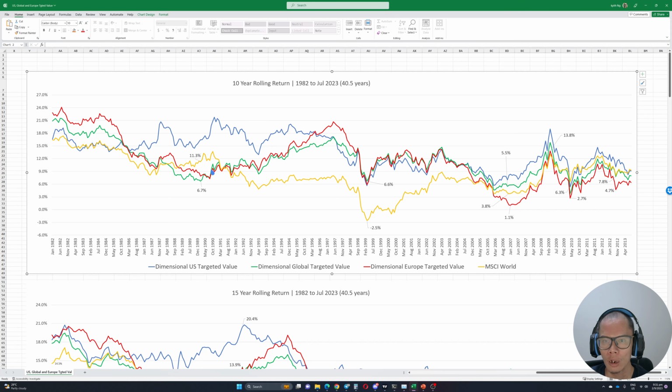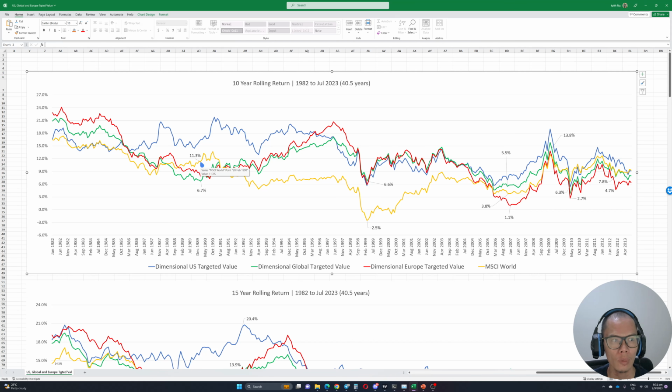Now, what you'll be able to see is that if the yellow line is the MSCI World, a lot of times in the past, the 10-year returns tend to be better than the MSCI World. There are probably some periods where there is some dislocation. Say, for example, over here, the Dimensional Global Targeted Value is doing 6.7%, pretty decent, but the MSCI World is doing 11.3%.